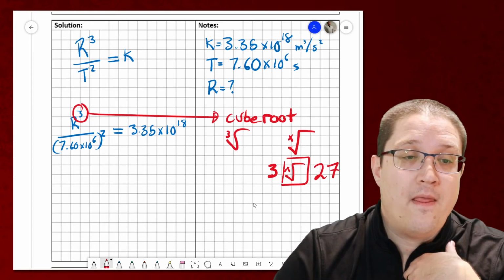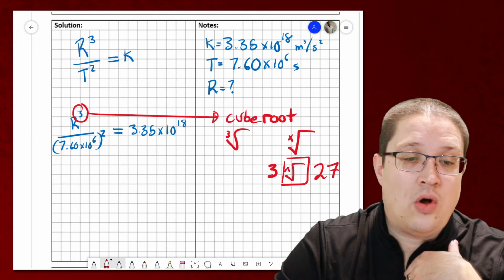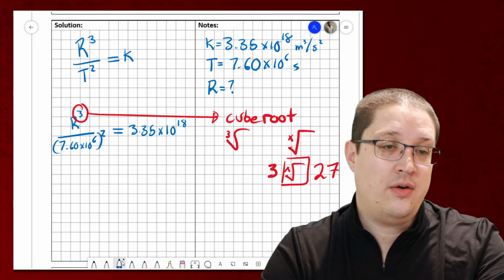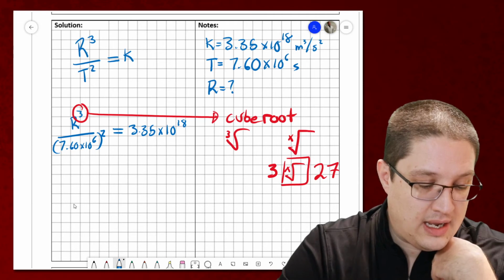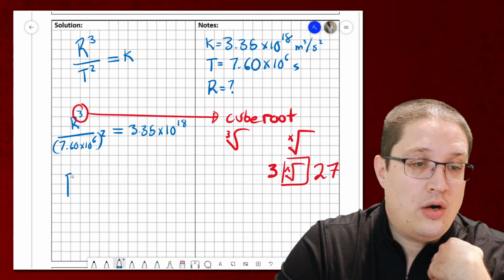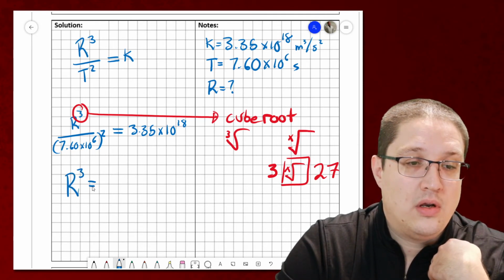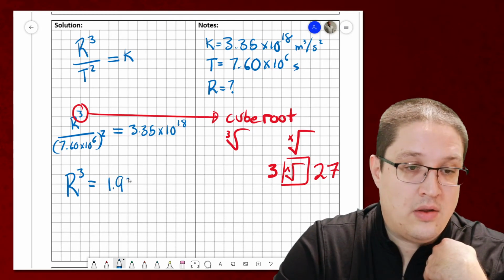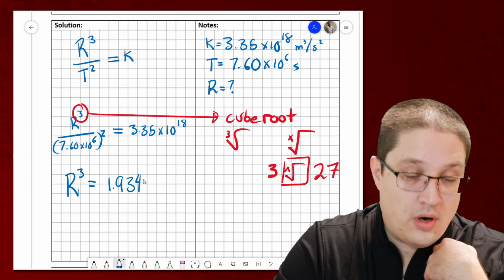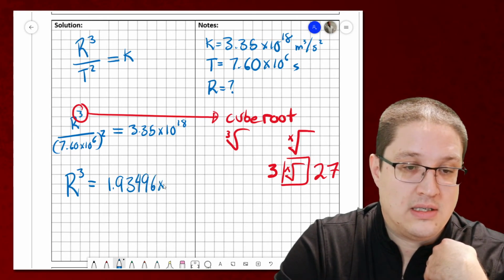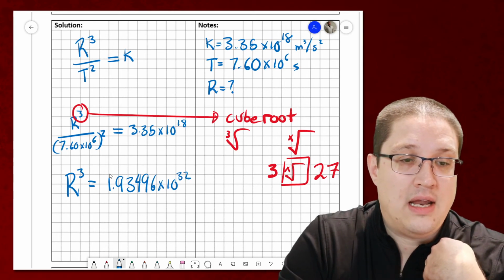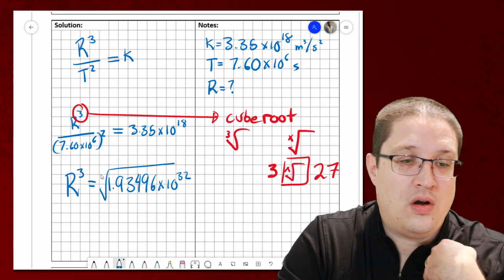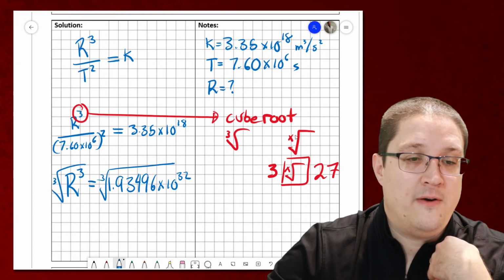Okay, so plugging this all in, what I get here is my R cubed is equal to 1.93496 times 10 to the 32. I take the cube root of both sides to get rid of that cube there.